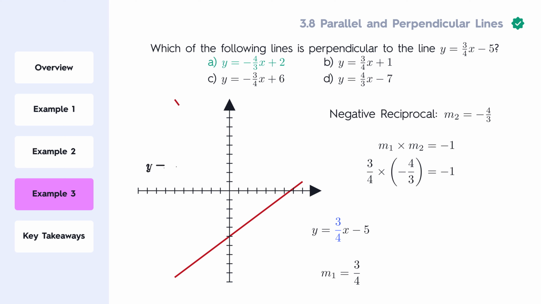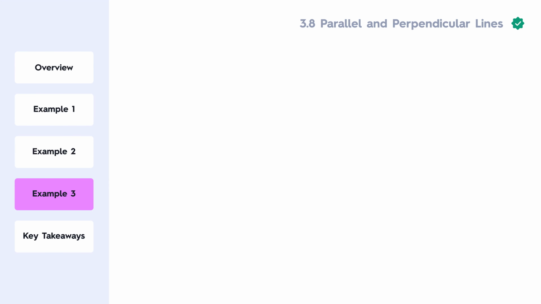Now let's check the answer choices. Option A, y equals 4 over 3x plus 2, has a slope of 4 over 3, which is the negative reciprocal of 3 over 4. Therefore, this is the correct answer. Since 4 over 3 is the negative reciprocal of 3 over 4, the correct answer is option A.